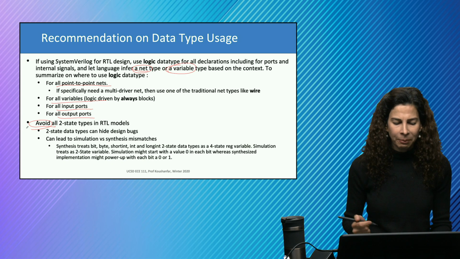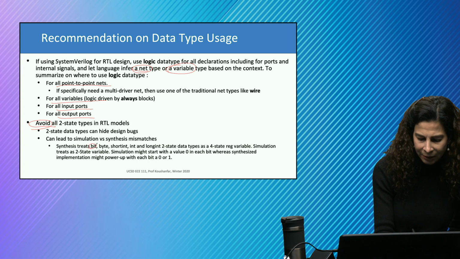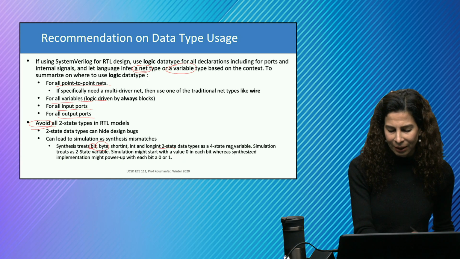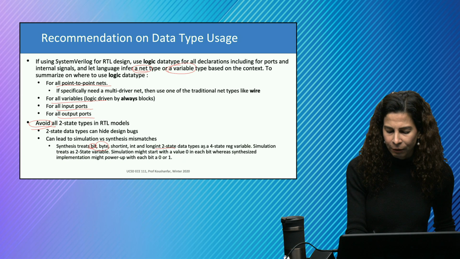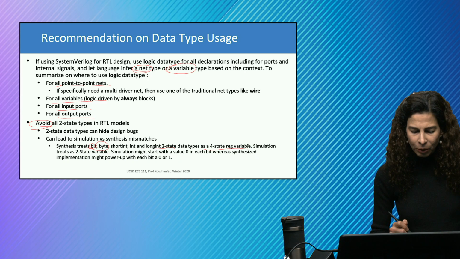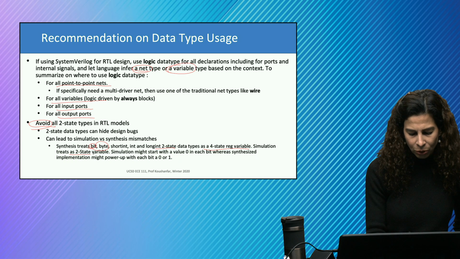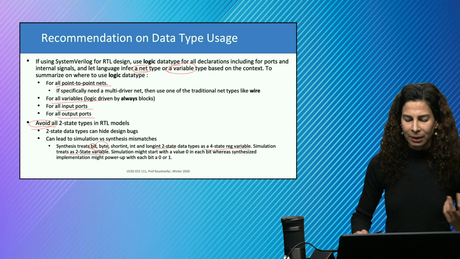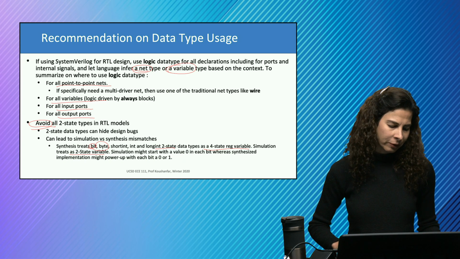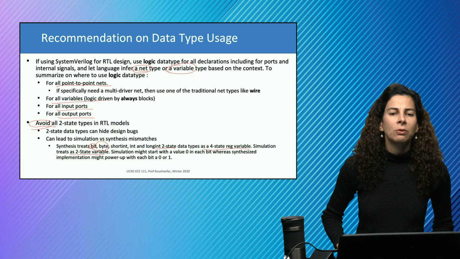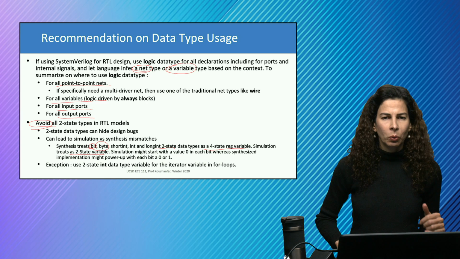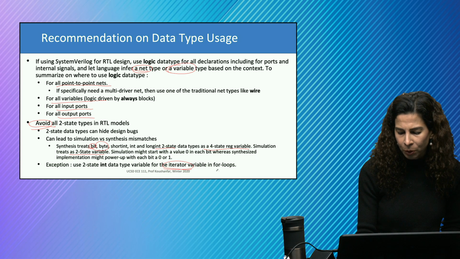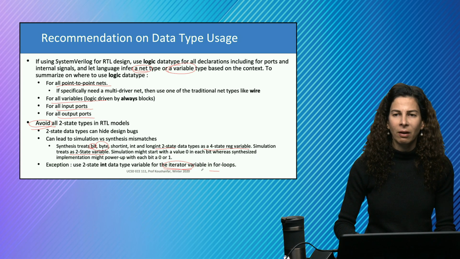For example, bit and byte are 2-state data variables. In synthesis, this can be interpreted as a 4-state register variable, but in simulation, it is all treated as a 2-state variable. So you will see a discrepancy between the two, and this could get to a difficult state. The only exception is when we are using a loop. The iterator variable in the for loops can be a 2-state variable in the RTL model.